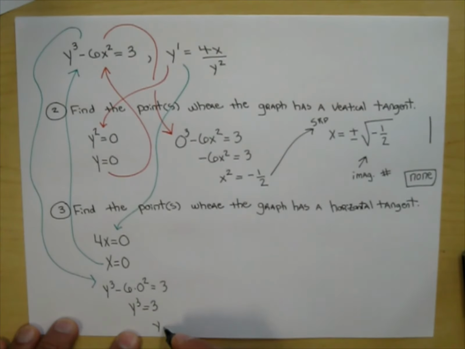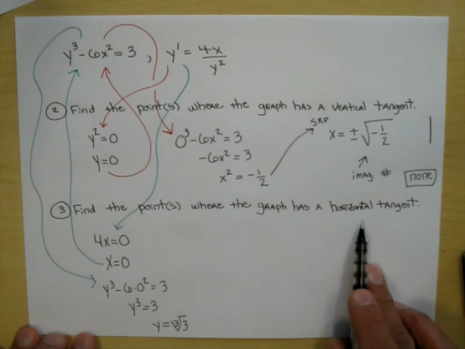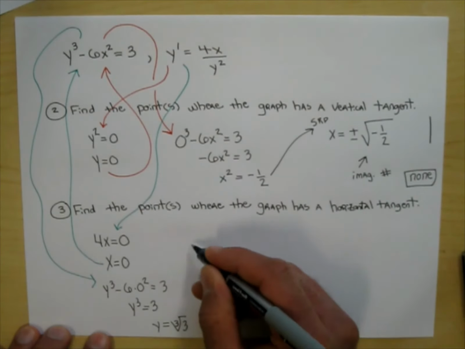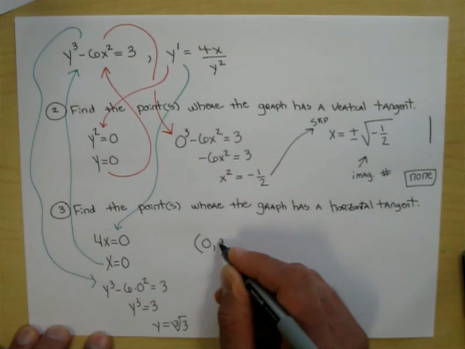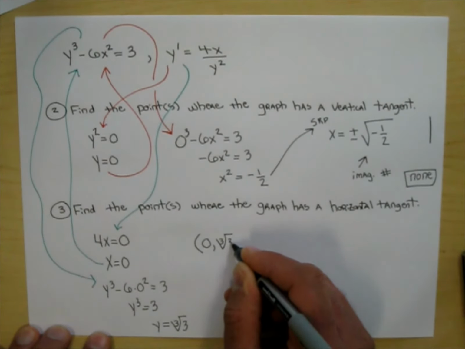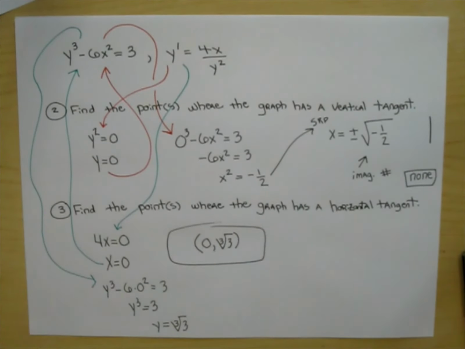I will not have a plus or minus this time. This is going to be y equals the cube root of 3. So the point where the graph has a horizontal tangent is (0, cube root of 3).